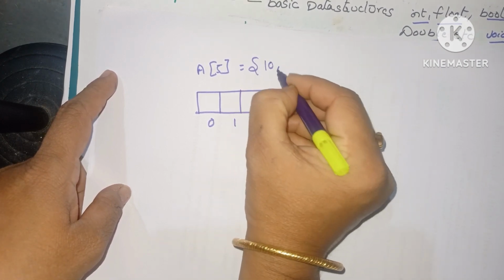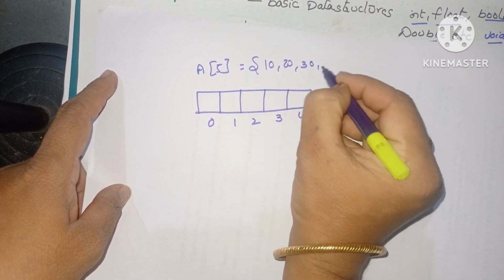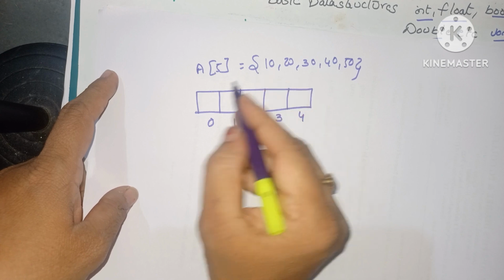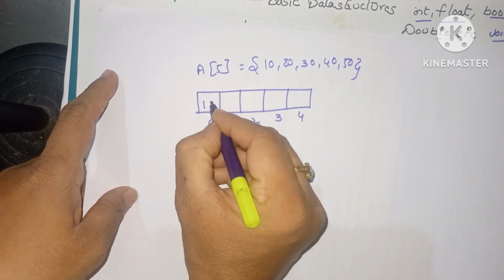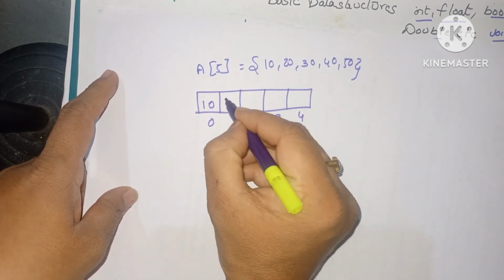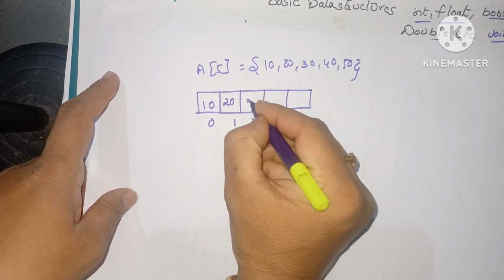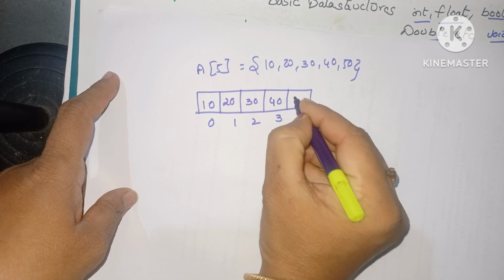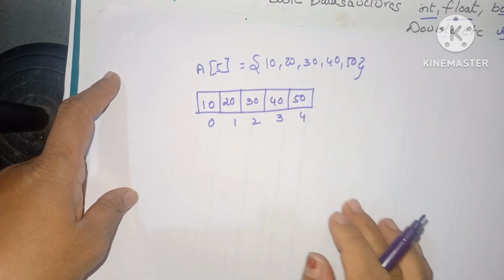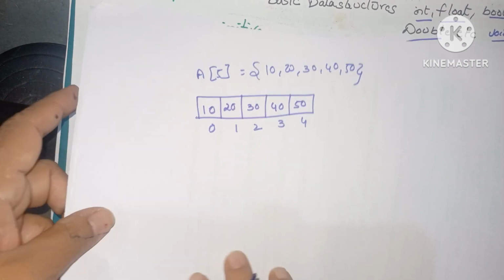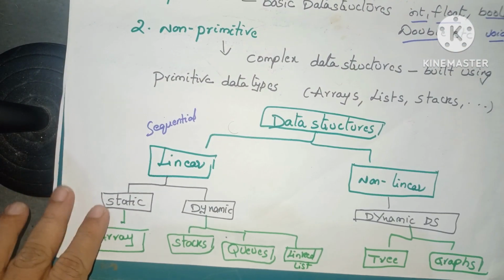For example, the elements are 10, 20, 30, 40, 50. 10 is compulsorily stored in the A of 0th location only. 20 is stored in the A of first location, that means one after another. So, this is called linear static data structure. It is not possible to increase or decrease the size of the array, that is why it is called static.